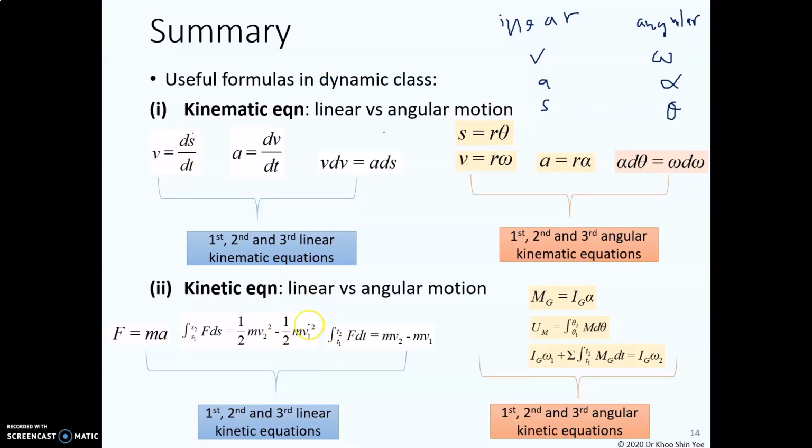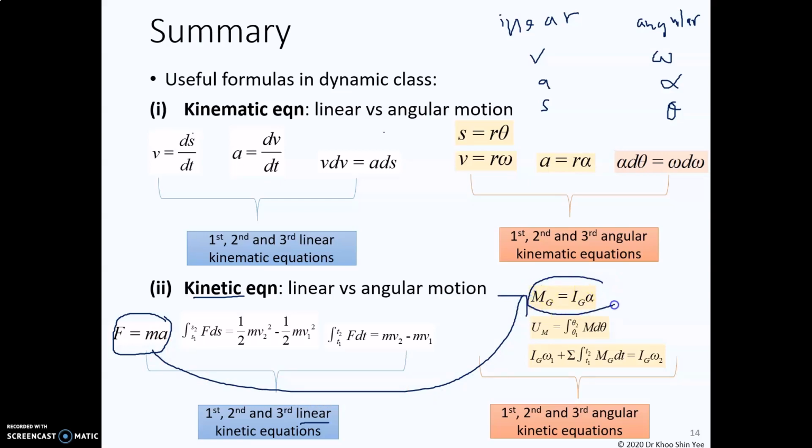By using the same approach, let's look at the kinetic equation. For linear motion, we have the force causing a mass to move with acceleration. For angular motion, you have the moment M causing the moment of inertia I to move with angular acceleration.